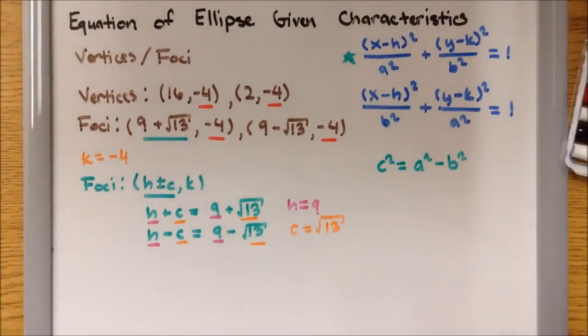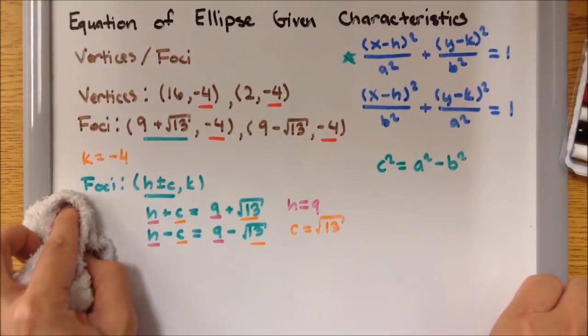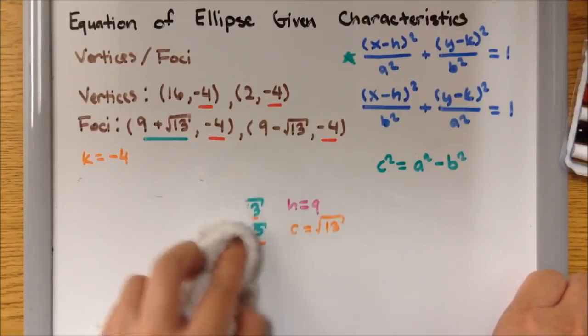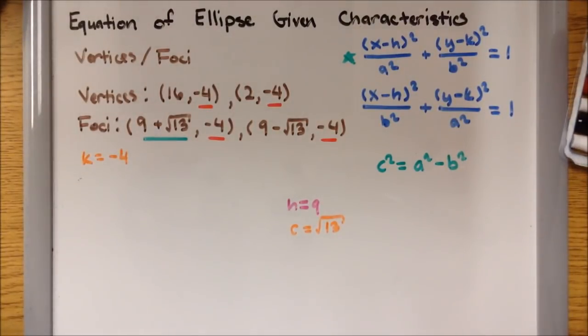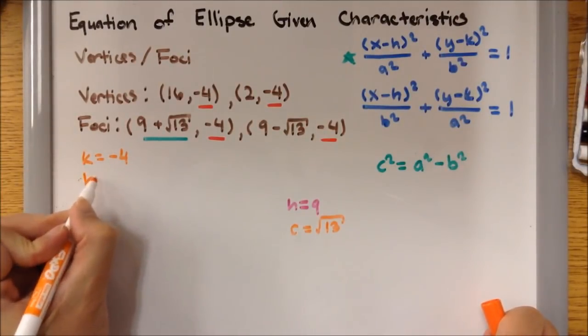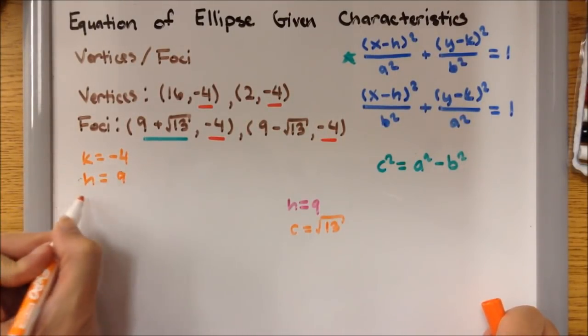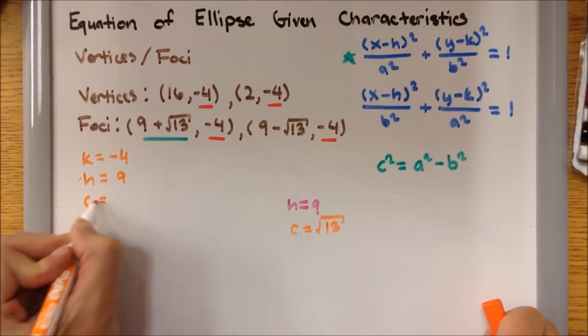Alright, so I'm going to erase to make room. Then let me write out the values of h, which is 9, and c, which is the square root of 13.